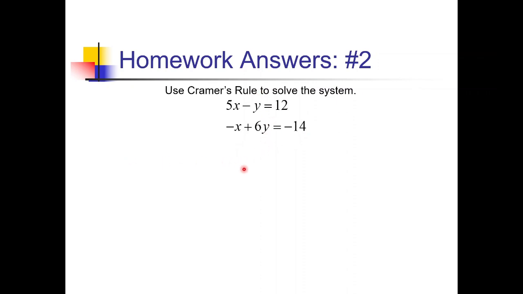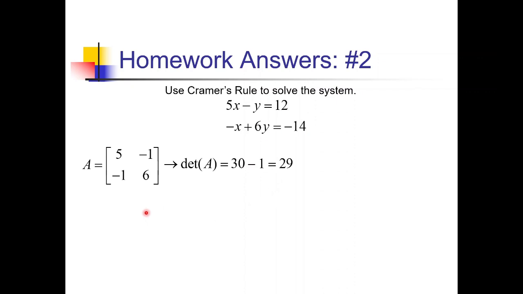For A, that's the coefficient matrix. We've got 5, -1, -1, and 6. And then the determinant of that, we're going to have 5 times 6, or 30, minus -1 times -1, so that's going to be minus +1, and that comes out to 29.